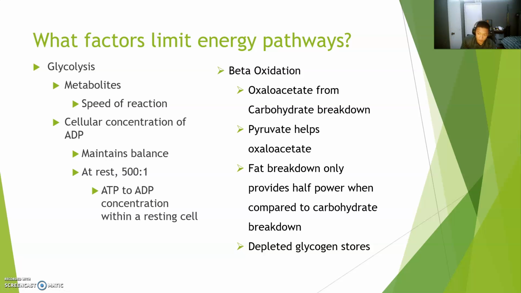Pyruvate also helps determine levels of oxaloacetate, as if we have low pyruvate, we're going to have low oxaloacetate to use. So intermediates from carbohydrate breakdown are very important to beta oxidation's process, and it can only occur with these intermediates from the carbohydrate breakdown.